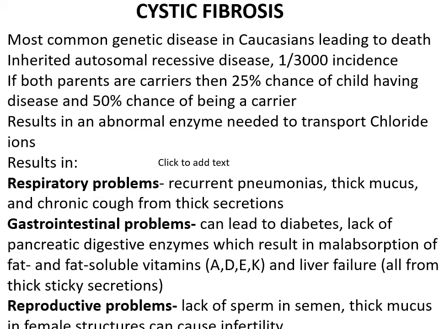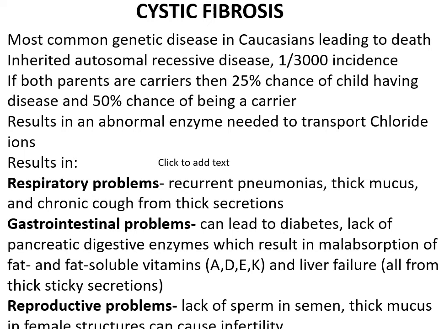Okay, and the pancreas can be affected more than just its exocrine function, where it secretes enzymes for digestion. The pancreas is also responsible for producing insulin. So as the pancreas is more and more damaged and destroyed by cystic fibrosis, patients can develop diabetes. Okay?